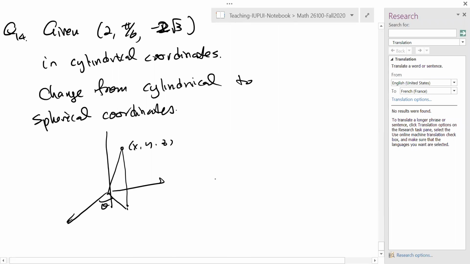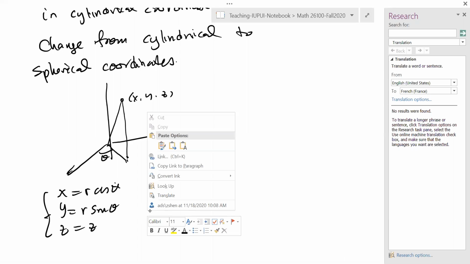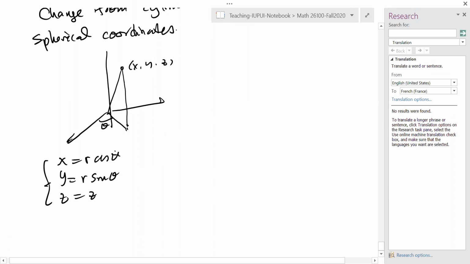So this will be r, right? So here, x is going to be r cosine theta, y equals r sine theta, and z is still equal to z. So that means r squared is going to be x squared plus y squared.